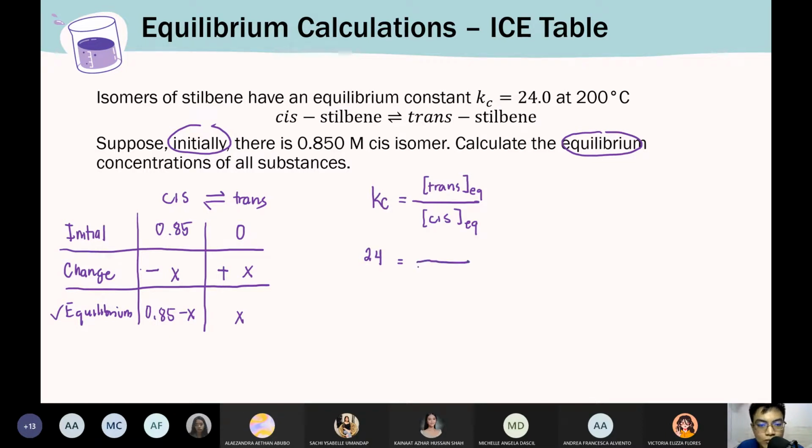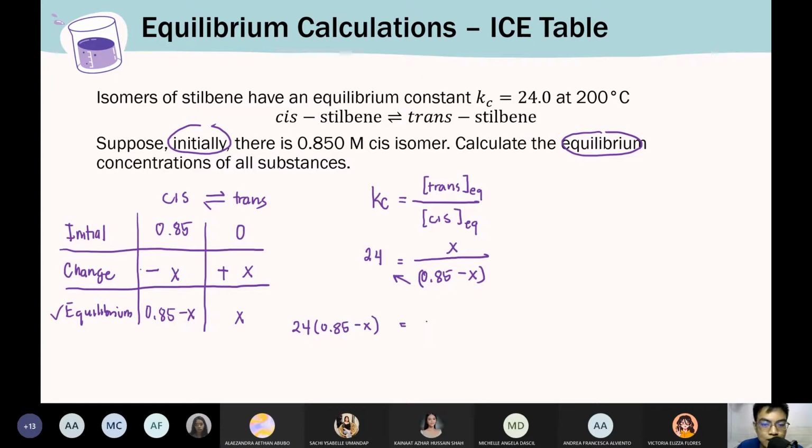And what's the equilibrium expression for the trans? It's just x. For the cis, it is just 0.85 minus x. And then you have an equation, solve for x. Okay, so I will just simply cross multiply this to the other side, giving me 24 times 0.85 minus x.